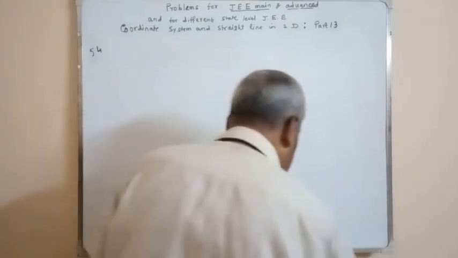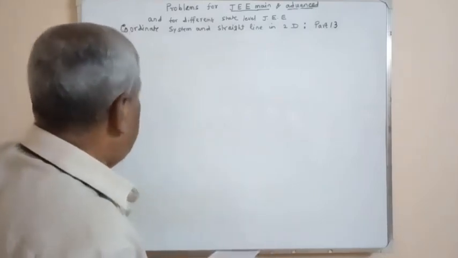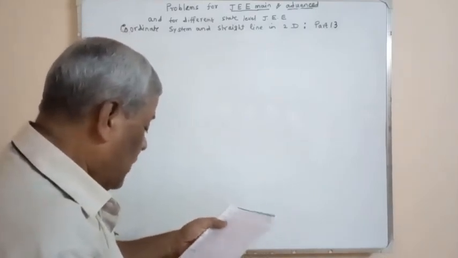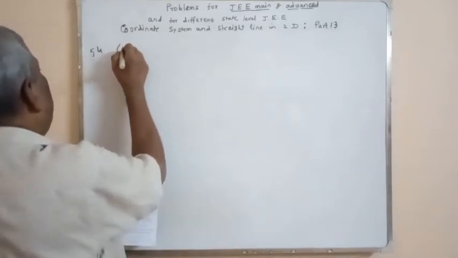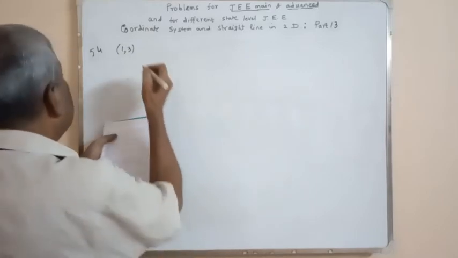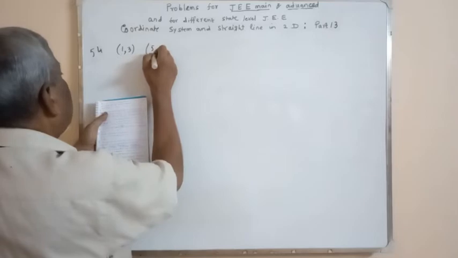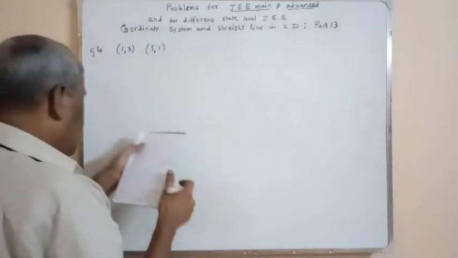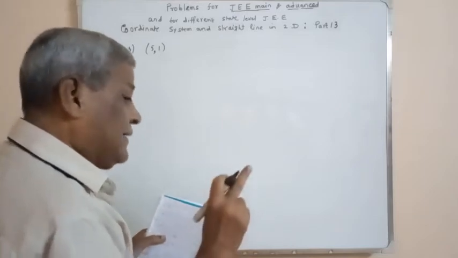First problem of today is problem number 54, and that problem is: (1, 3) and (5, 1) are opposite vertices of a rectangle.